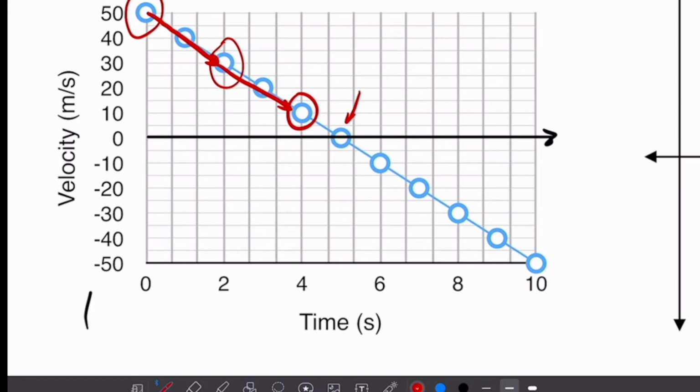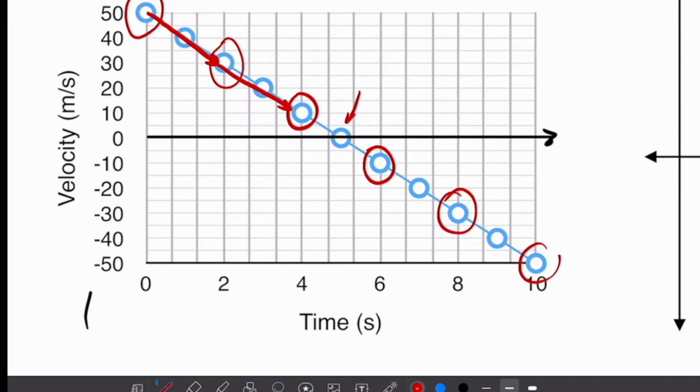But it didn't stay stopped. It stopped and then started to speed up again. Now it's going 10 meters per second. So it went from 0 meters per second to 10 meters per second. It's getting faster, but these velocities are negative. After a couple more seconds, it's getting faster still, but still moving in the negative direction.